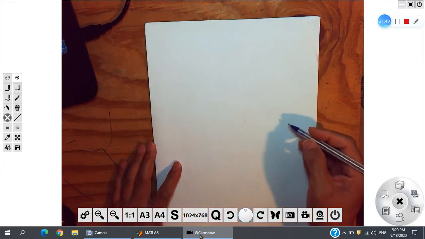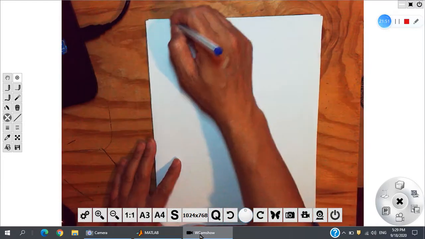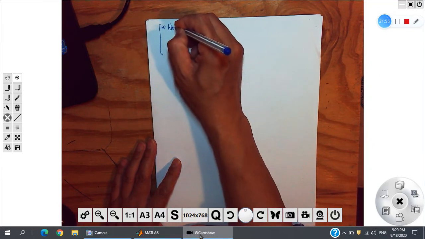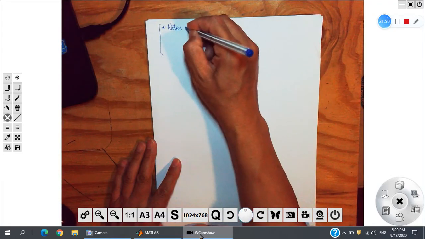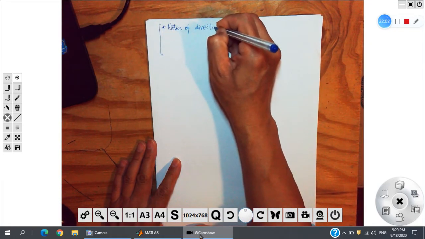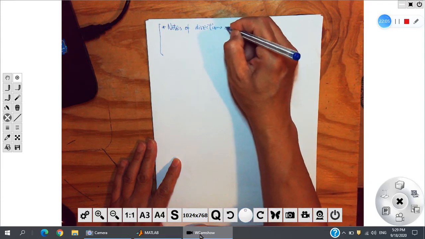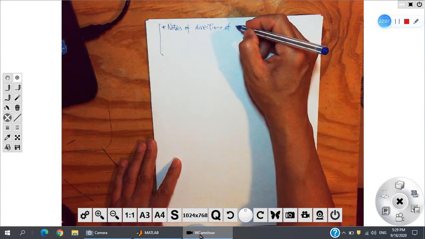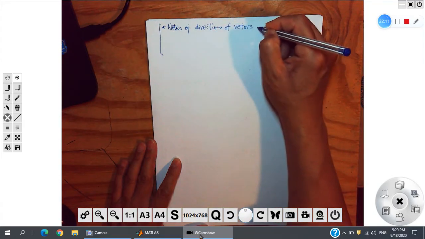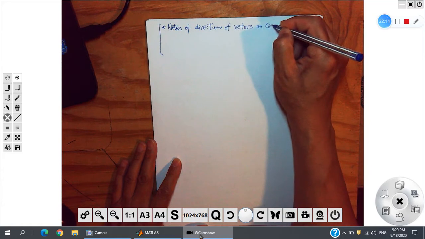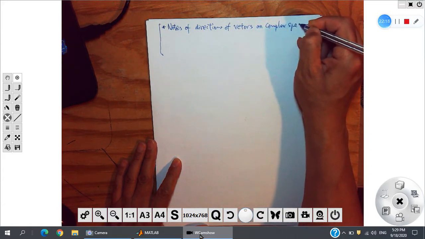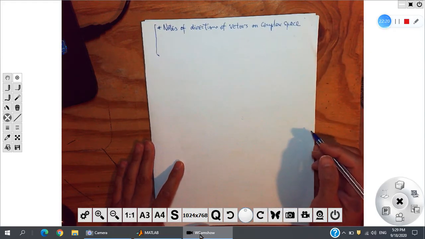You can think of this as some notes on directions of, I would say, vectors on the complex plane, the space of complex numbers.